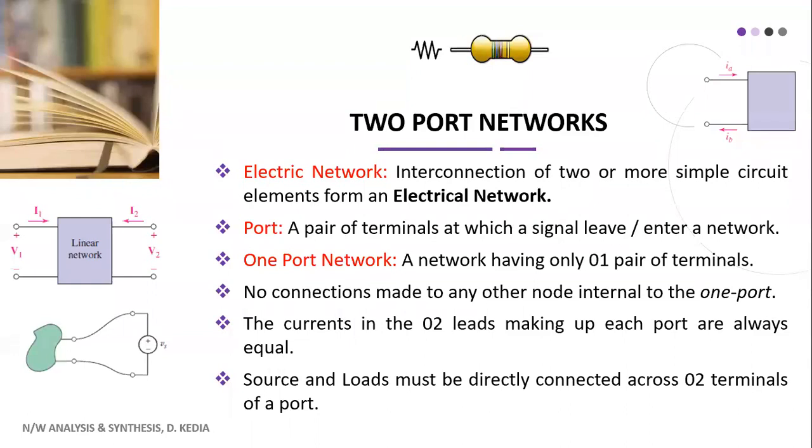We had also seen a few terms associated with electric network, like passive electric network and active electric network. We had also talked about linear component, non-linear component, in fact linear network and non-linear network.